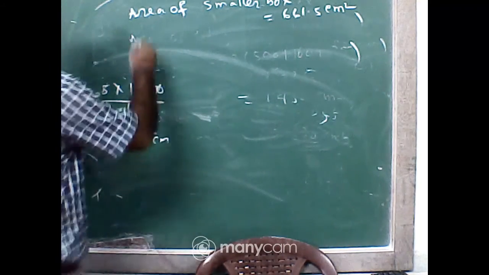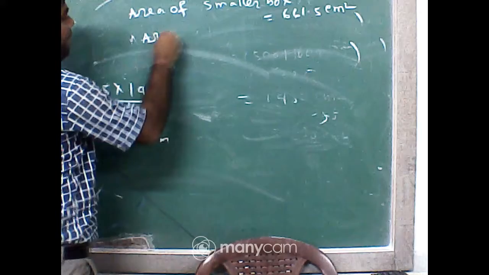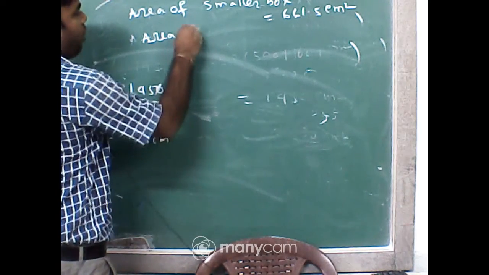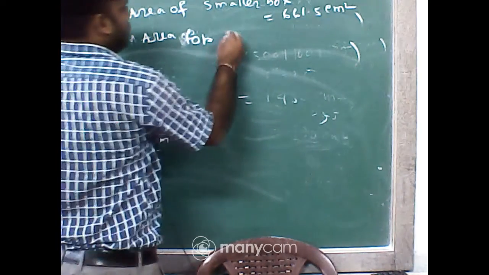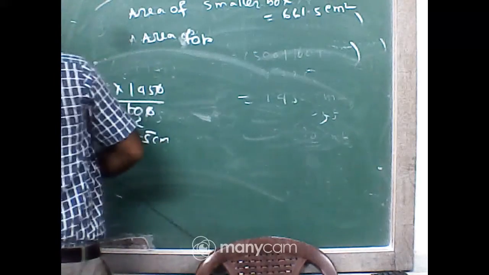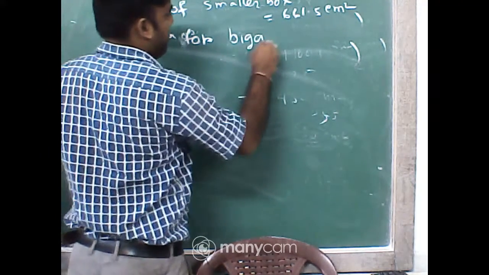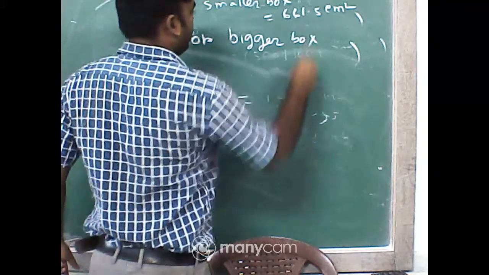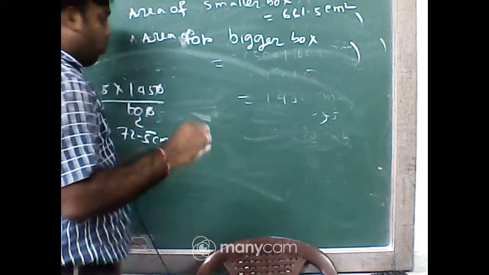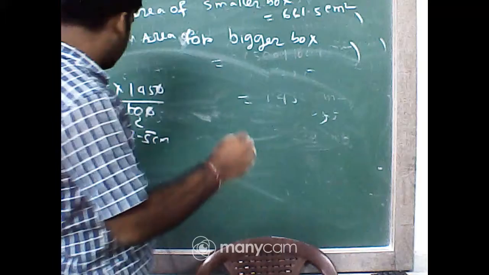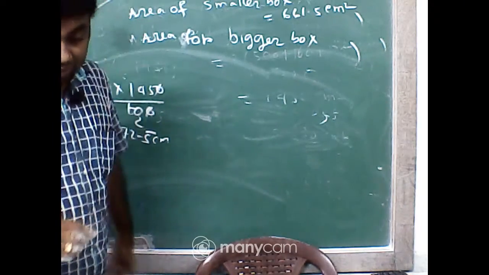Then the area required for the bigger box is 1450 plus 72.5.